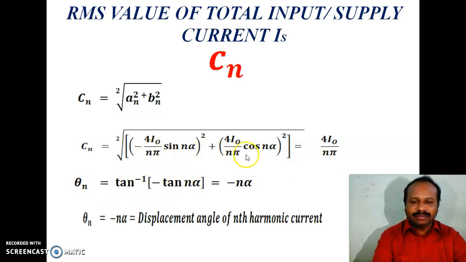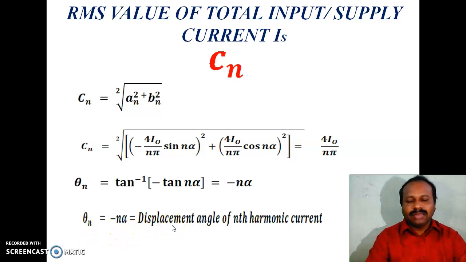This is an, this is bn. So sin n alpha by cos n alpha gives tan n alpha, so theta n equal to minus n alpha. This theta n equal to minus n alpha is known as the displacement angle of the nth harmonic current.